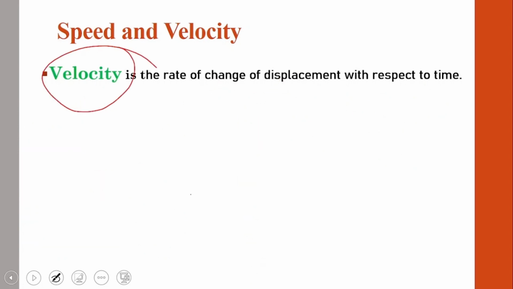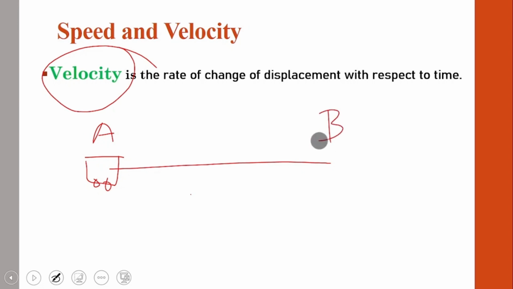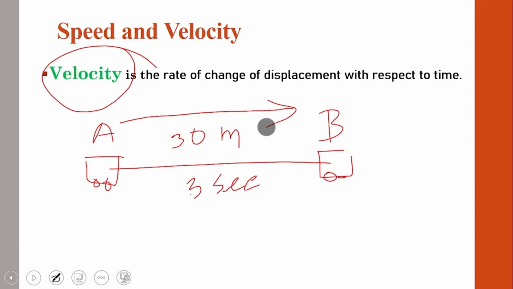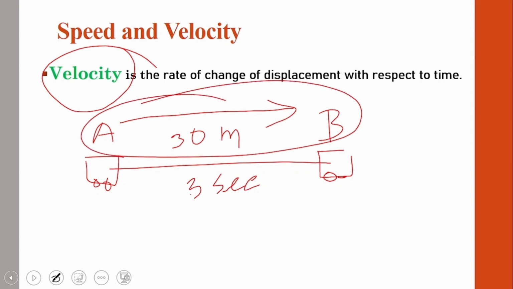Now I'm giving another example for a clear concept of velocity. Let's say the car is moving, and from point A it has traveled to point B in 3 seconds. It has traveled, let's say, 30 meter. Here I have mentioned from A to B, so it is a direction.